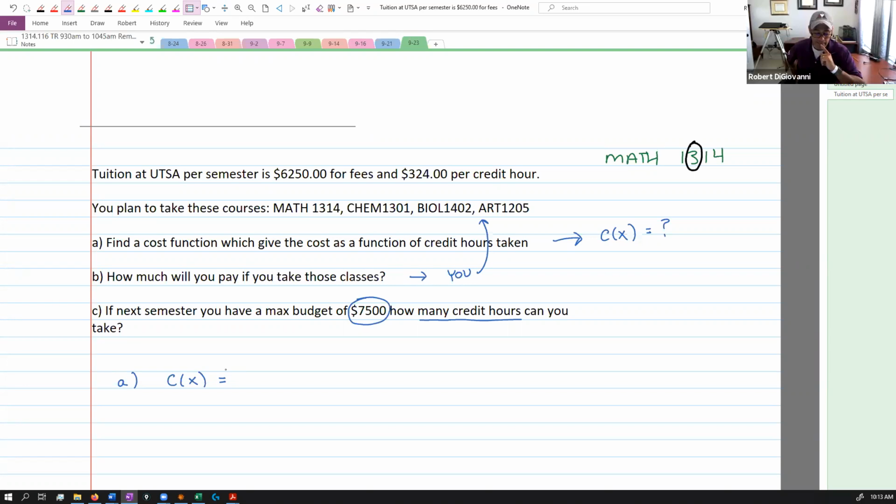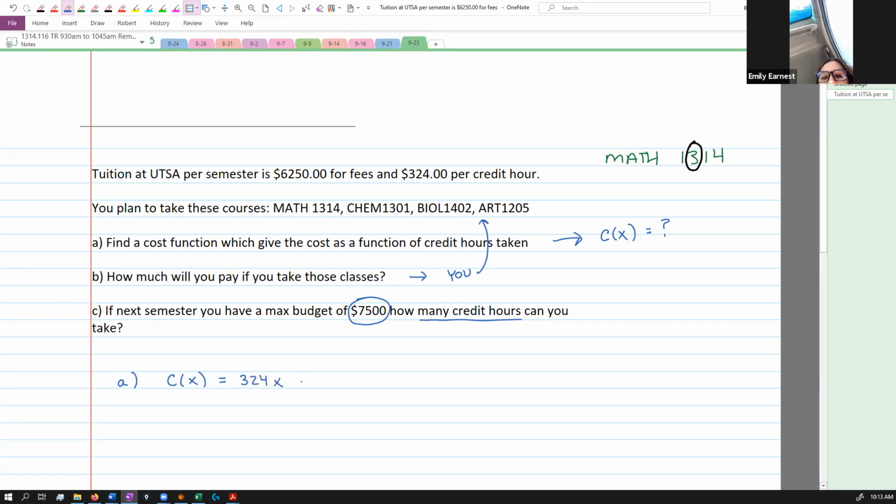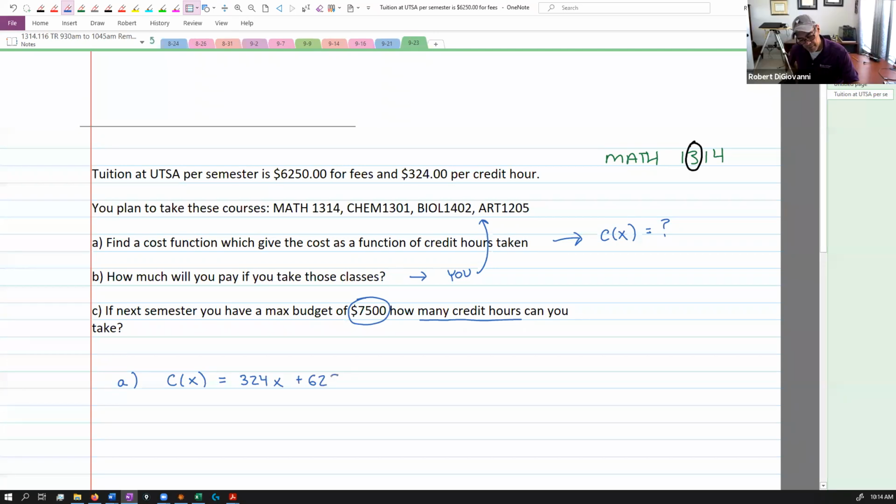That's part B. Part A is just a general formula for the cost, regardless of how many classes you take. So the general formula, I believe, would be f of x equals 324x plus 6,250. Yes, that would be correct.